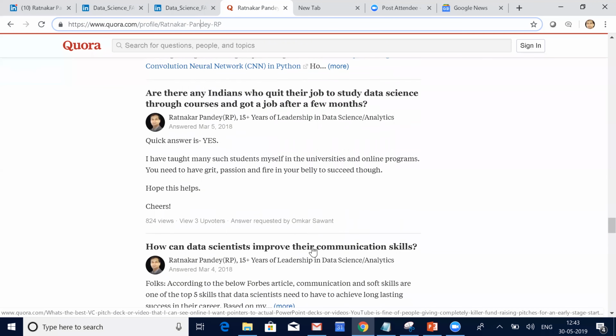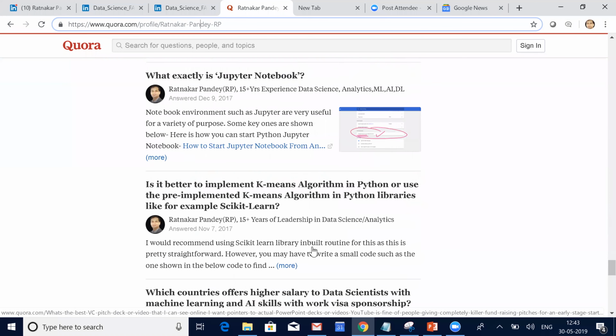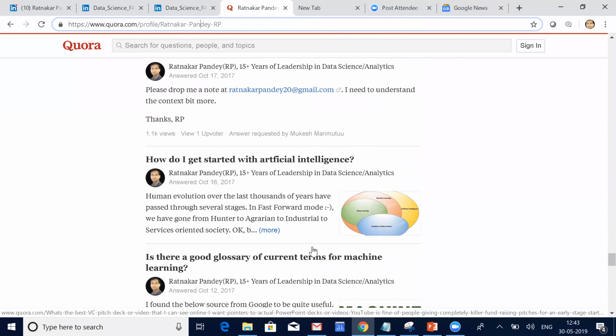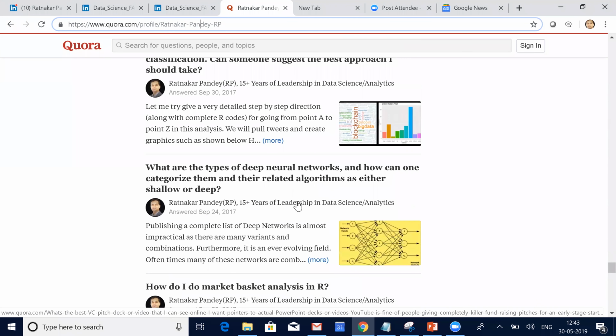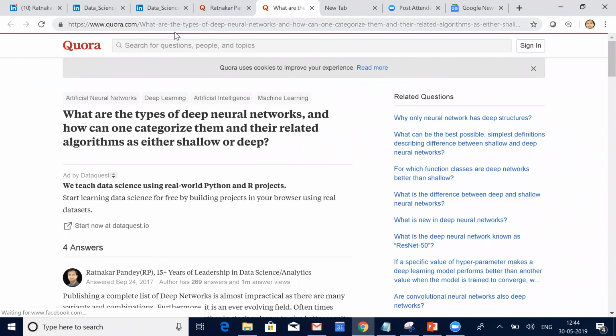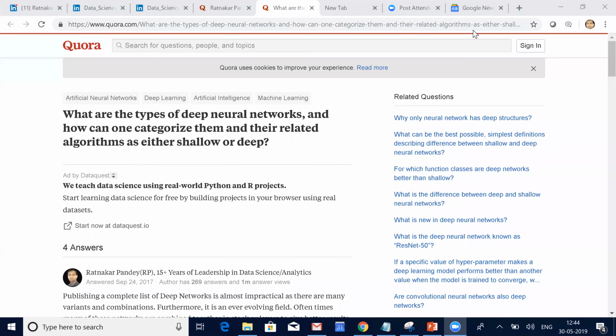Neurons are part of the neural network, and that is what a neural network is. I will share a link with you so you can read up later and really understand. Neural network is part of deep learning. When you have many layers in a neural network, that becomes deep learning. So you can find more information.